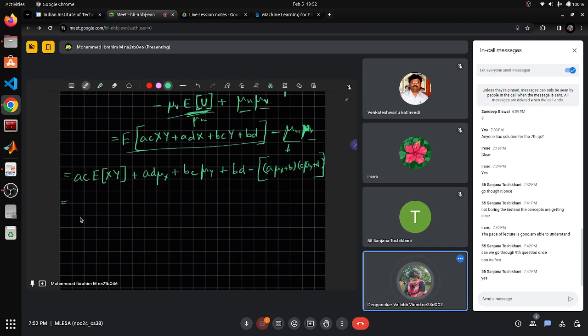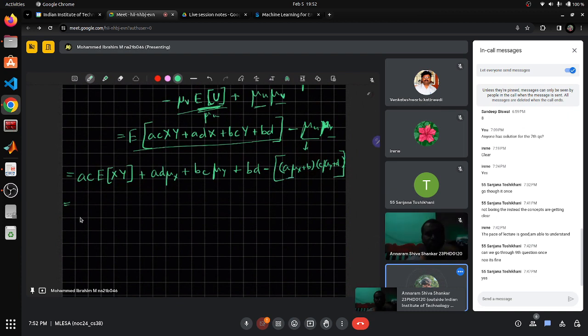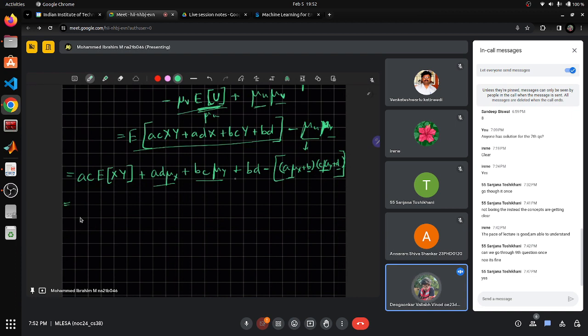and you end up cutting a lot of terms actually here. So there'll be a mu x and d here, and b c mu y, which is this term, and bd, this bd. So a lot of terms are going to get cancelled, all three terms from this product, which are plus here, minus there.